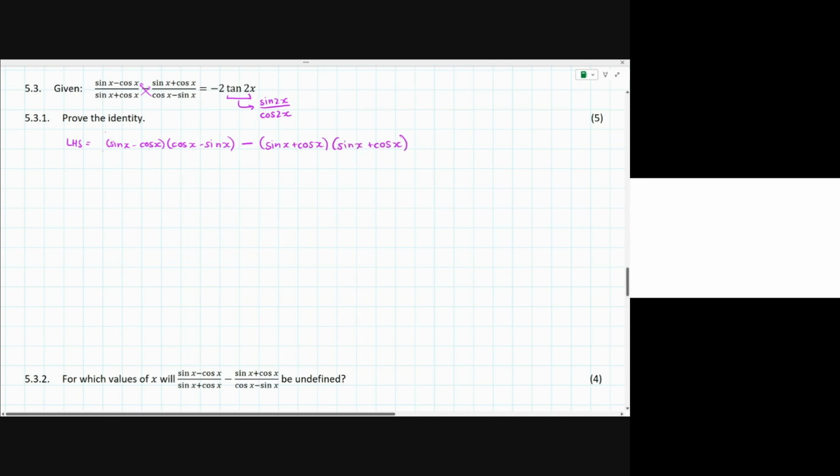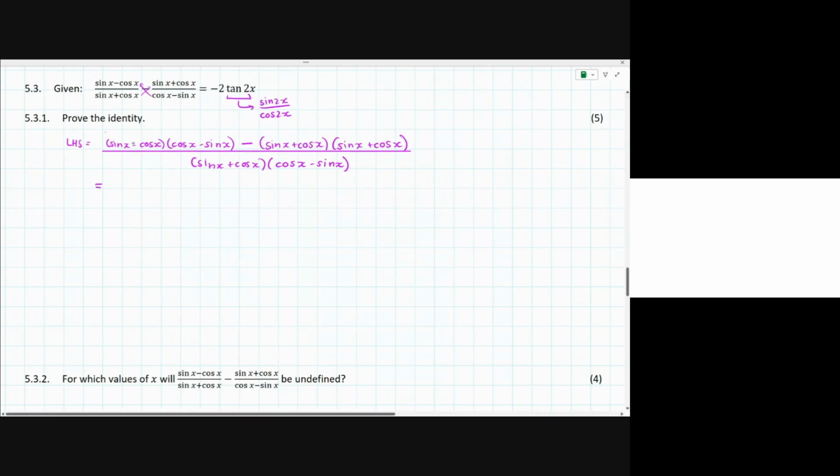That is all over my LCD here, sine x plus cos x times cos x minus sine x. Great. So like I say, it doesn't look nice. Not enjoying this in any shape, sense, or form, but it's going to get nicer.